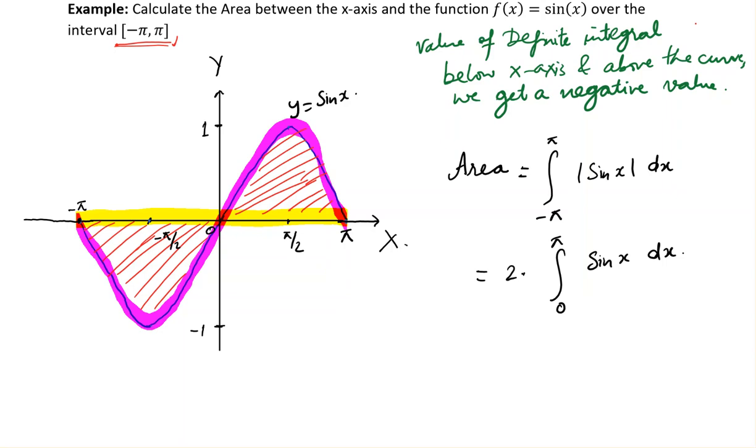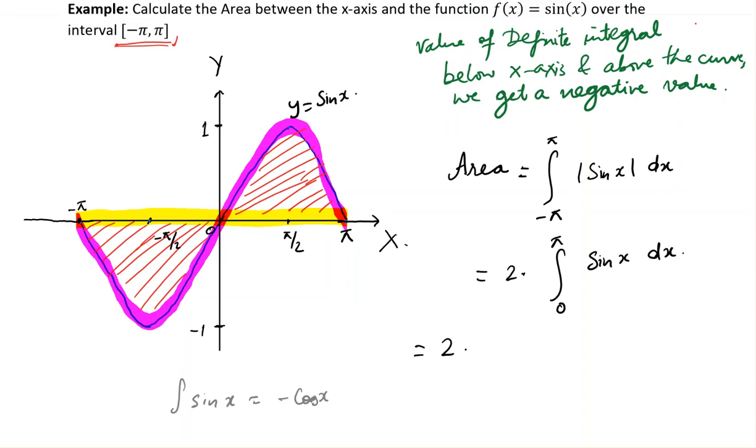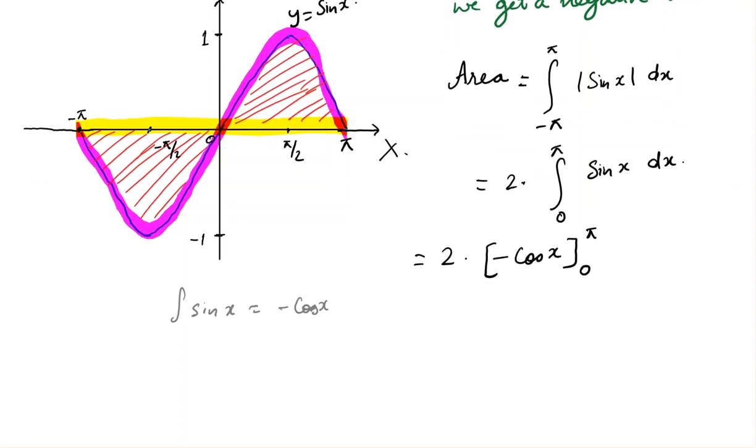And we know that 2 is just a scalar, you can keep it as it is. And recently, like today, we learned that the integral of sine x is equal to negative cosine x plus c. In the case of definite integrals, we don't put c. So we can just write the integral of sine x is negative cosine x, with x varying from 0 to pi.